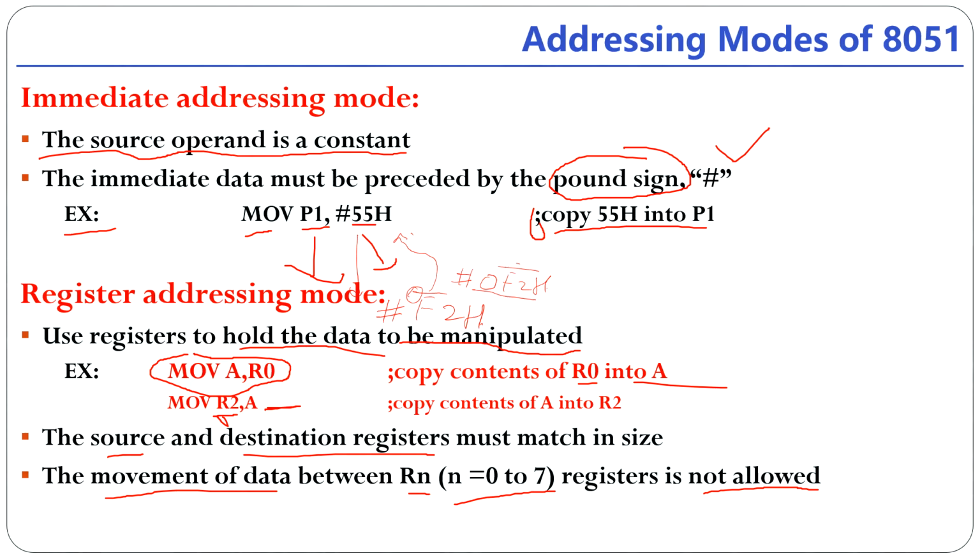Here A is the accumulator register and R0 is a simple register. Why?